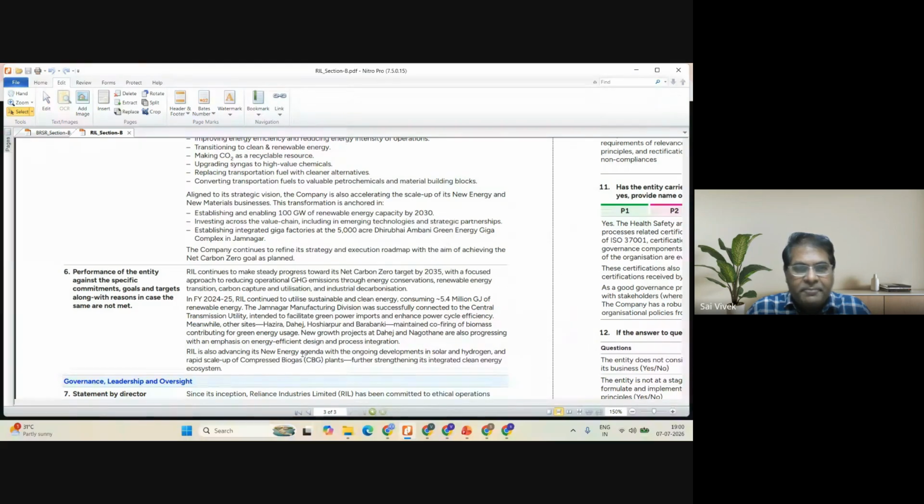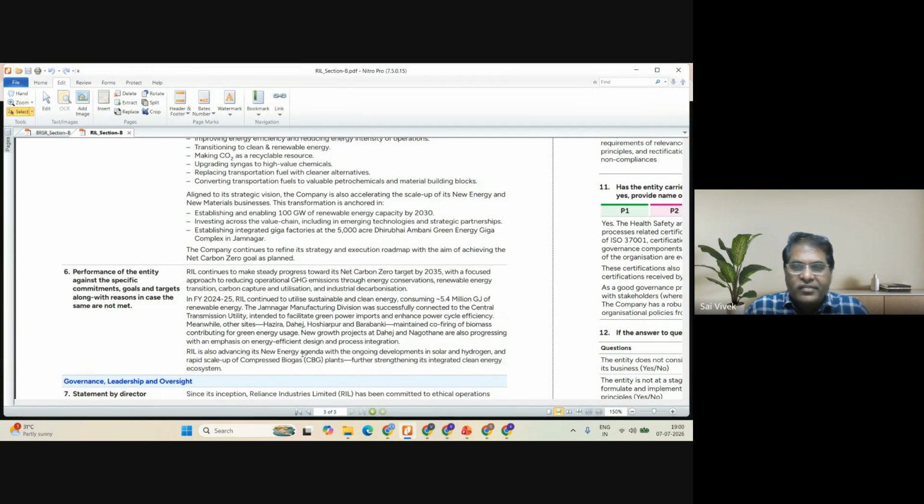And similarly, other sites such as Hazira, Dahej, Hoshiarpur, and Barabanki maintained co-firing of biomass, contributing to green energy usage. So this is another metric, a proof that it has achieved it. And what is being done?